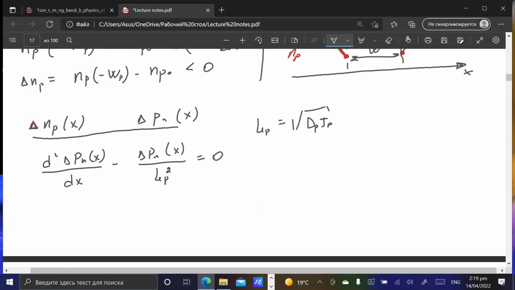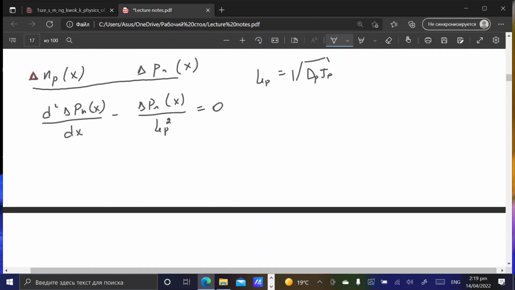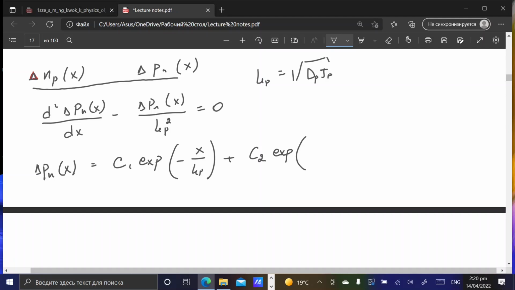So we already know that this type of differential equation will have this general solution: delta Pn as a function of x should be equal to C1 exponent minus x over Lp plus C2 exponent x over Lp.